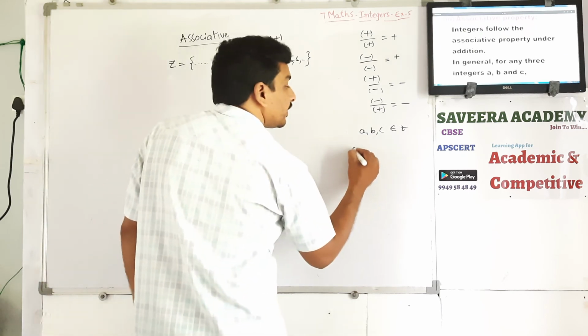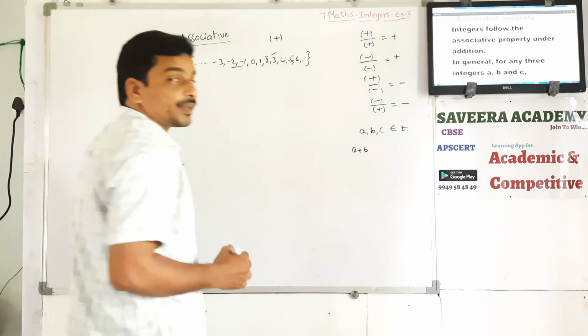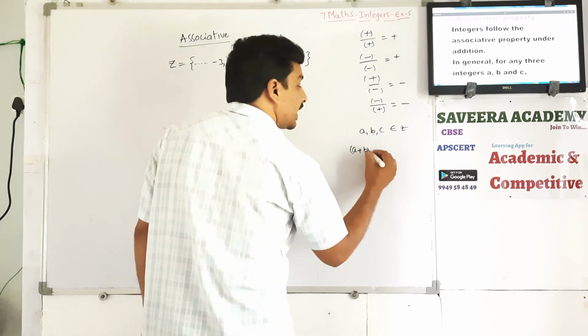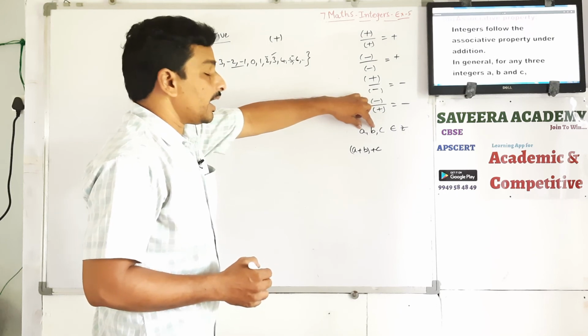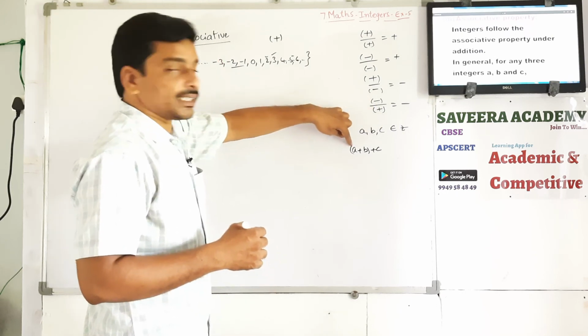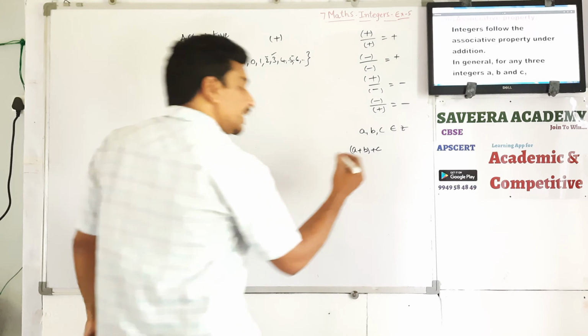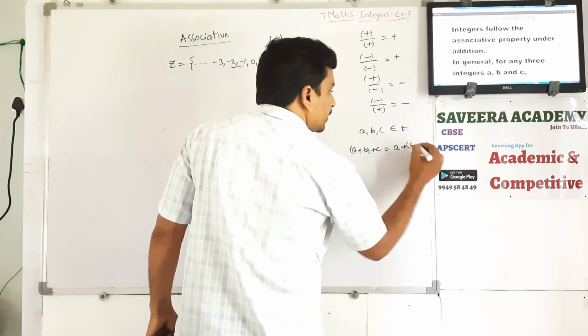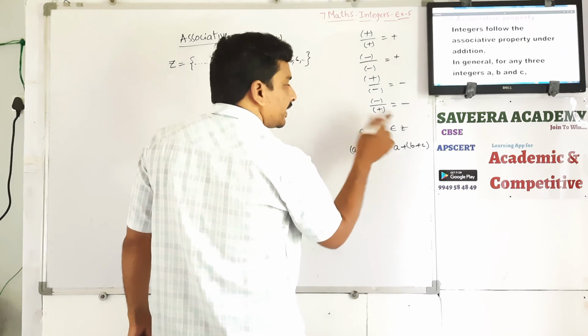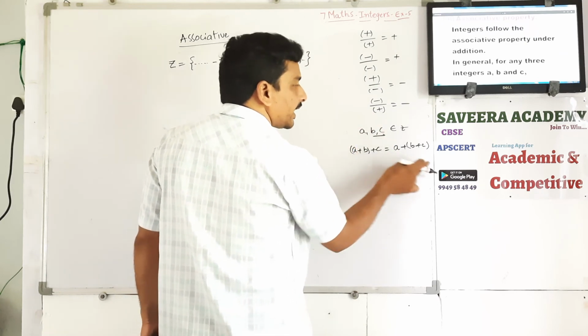First of all, we add A and B, and then add C to the result: (A plus B) plus C. If this is equal to A plus (B plus C), where first you add B plus C and then add A to the result, then you will get it like this.